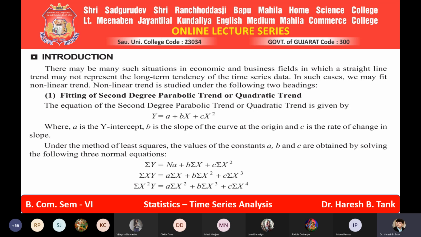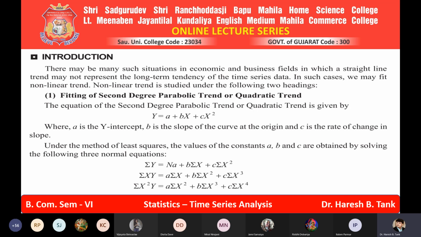Use the same process. The process was simple. The first step is to implement summation on both sides. While applying summation on both sides, y is equal to a plus bx plus cx square will be converted to summation of y, which is equal to a, a constant value which will remain outside, times summation of 1.